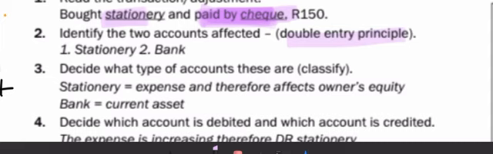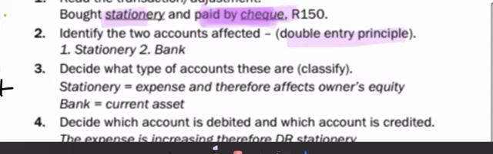Therefore, stationery will be regarded as an expense because they are buying stationery probably to use it, to record transactions, to give clients, or to make notes of some sort, anything that one can do with stationery. So they are buying stationery to use it. That is an expense, all right?